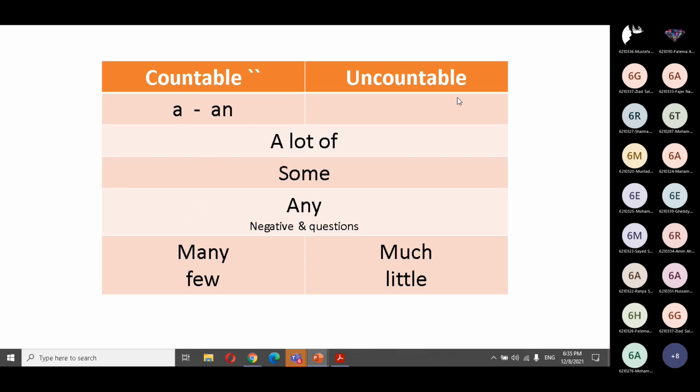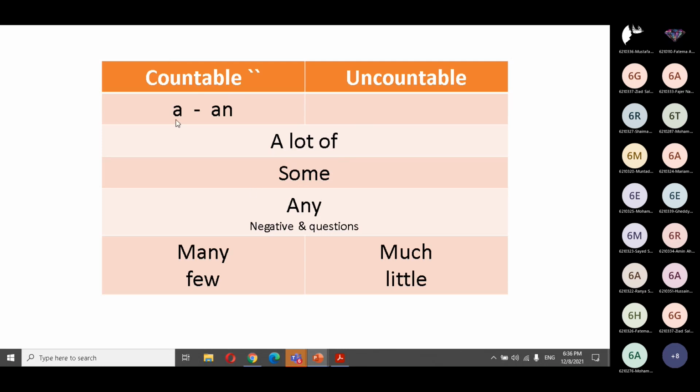So if we look at this slide, it summarizes the whole idea. دي بتلخص الفكرة كلها. إن when you use a or an, make sure that the noun is countable and singular. A lot of, we don't have any problem with a lot of. We can use a lot of with countable or uncountable. Can use some with countable or uncountable.